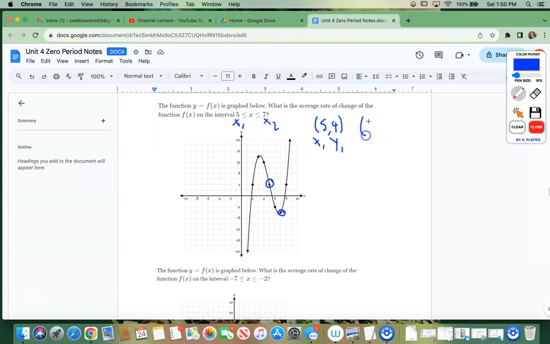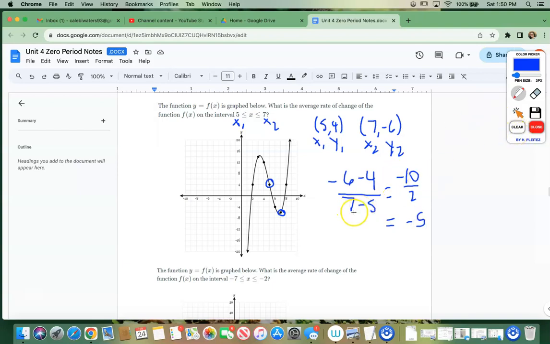So 7, -6 was at x2, y2. So that makes that -6 minus 4 divided by 7 minus 5. That makes it -10 over 2, which is -5. Hopefully you get that one.